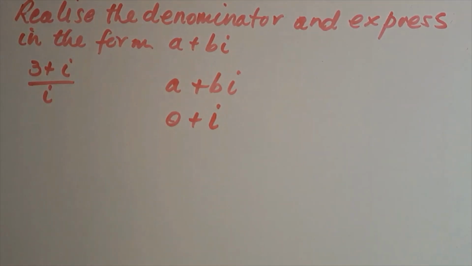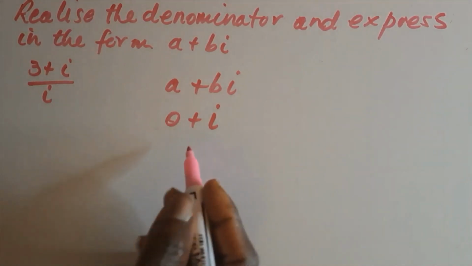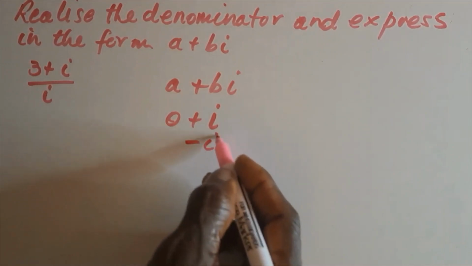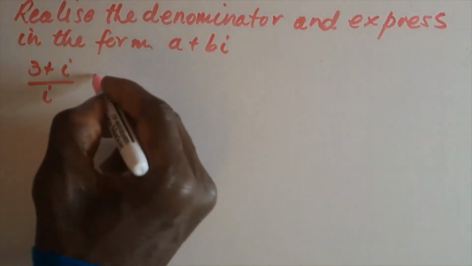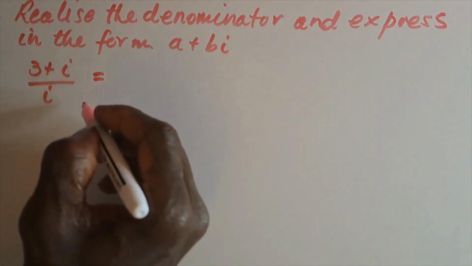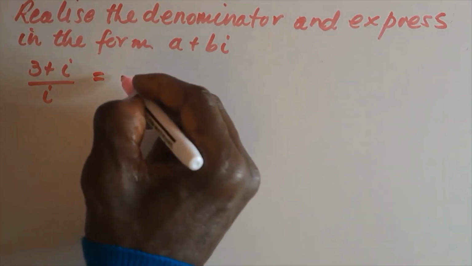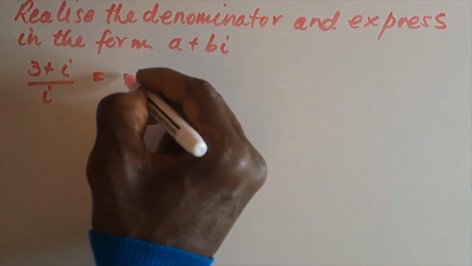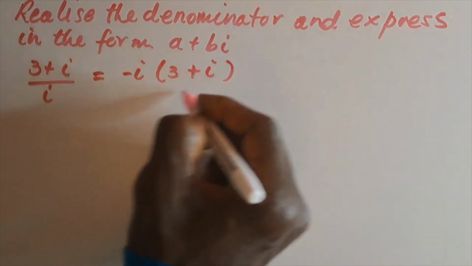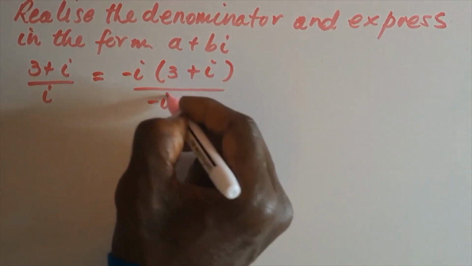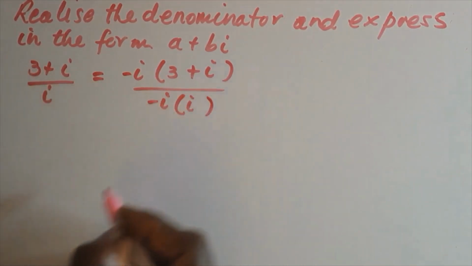Now the complex conjugate of i would be negative i. So that's our complex conjugate, and so we multiply both the numerator and denominator by negative i. So it's negative i into 3 add i over negative i times i.